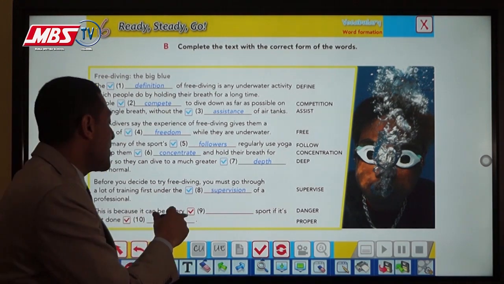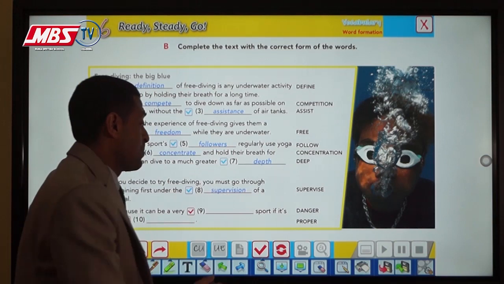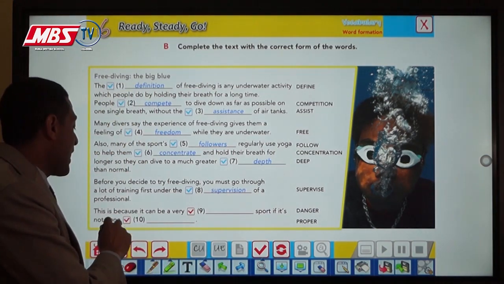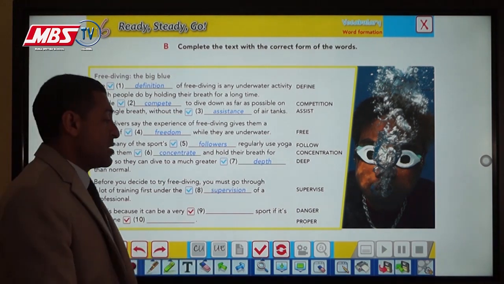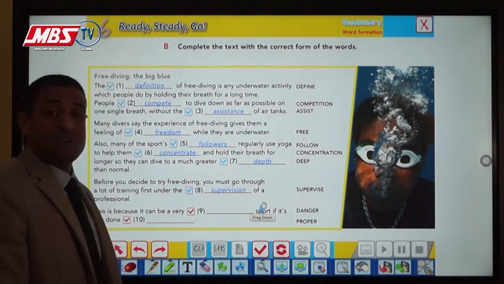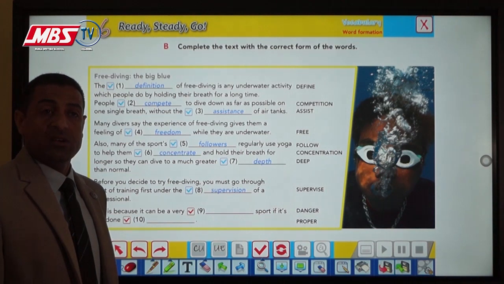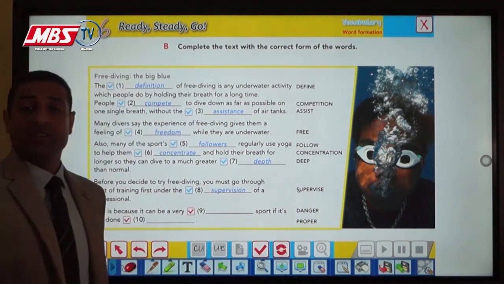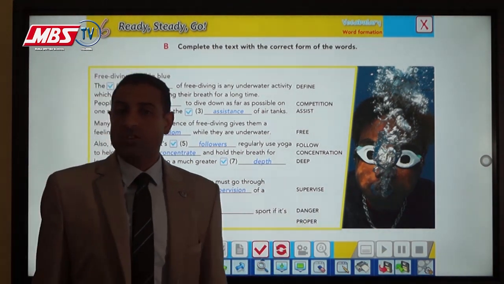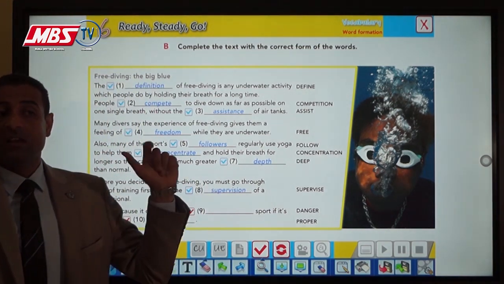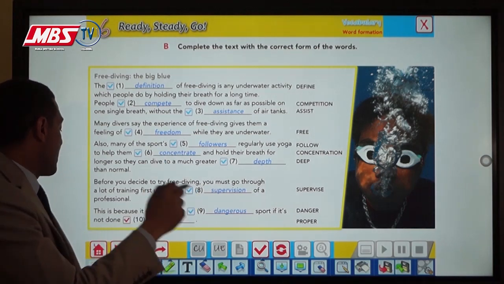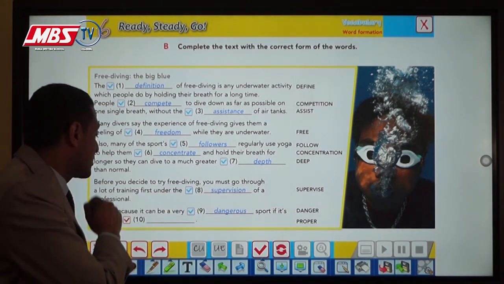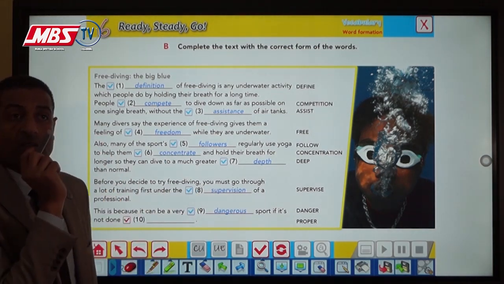This is because it can be very dangerous sport if it's not done properly. We have the word sport. It's a noun, so I have to use the adjective. Who can tell me the adjective of the word danger? Dangerous. Very good. Very dangerous sport if it's not done properly.